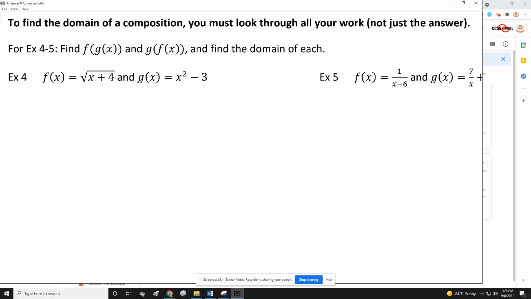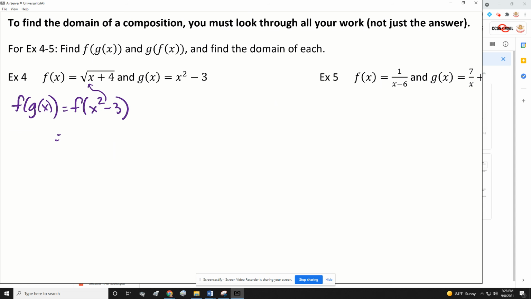All right, so f of g of x. That means we're going to take the whole g of x function, which is x squared minus 3, and put it in for x in the f function. So everything that f is doing to x, we're going to do that same exact thing to x squared minus 3.